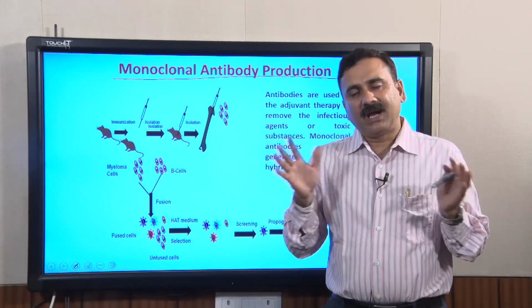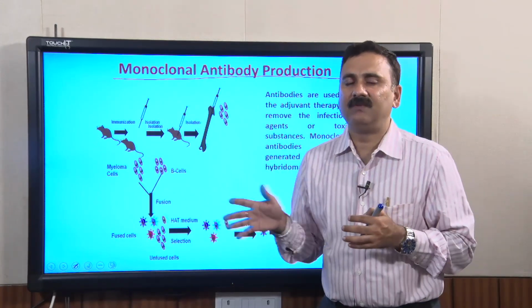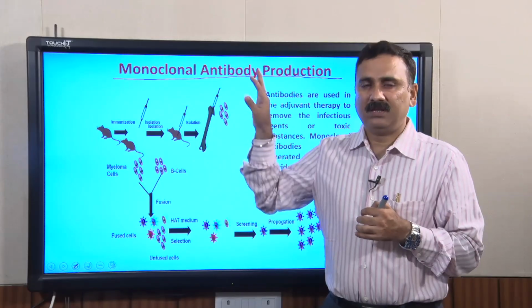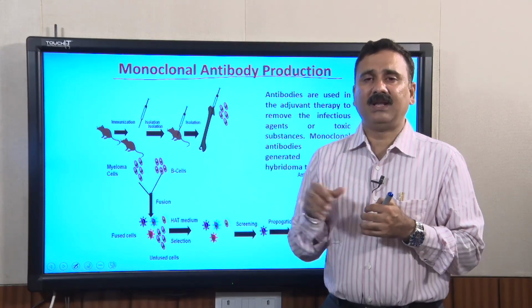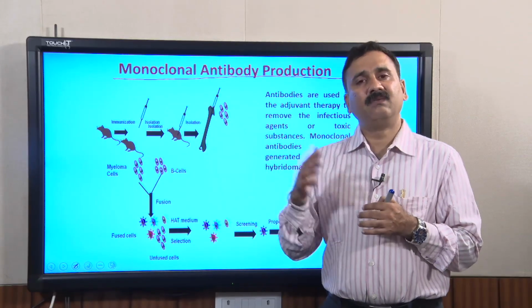So, with this I would like to conclude our lecture here. In our subsequent lecture, we are going to discuss the production of monoclonal antibodies, as well as some more applications of biotechnology in other fields.